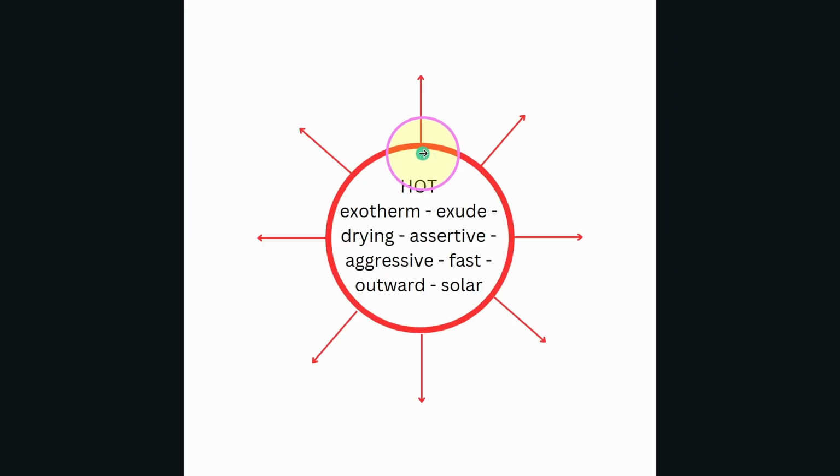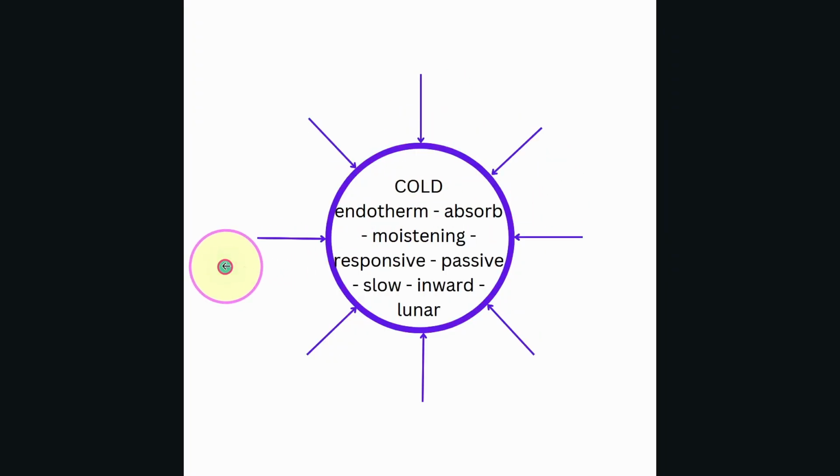So hot has something to share and it pushes it outward. This heat is what heats up a cold body so that they have the energy to move. A cold temperament might walk into the room and kind of suss out what's going on before they make their move, before they decide how they're going to show up, really.